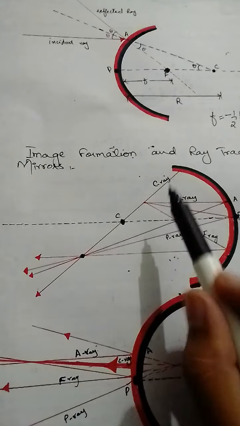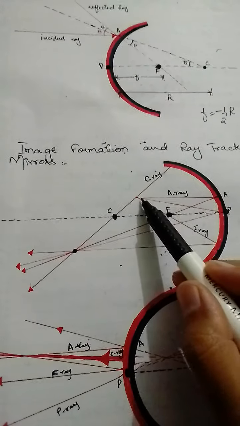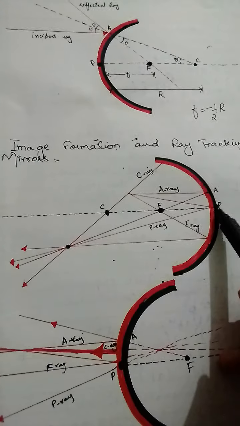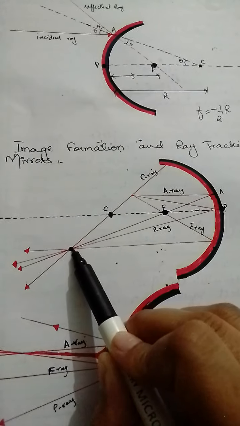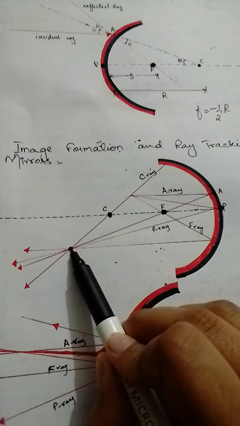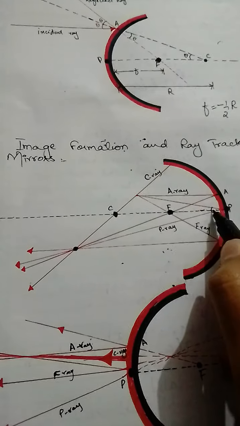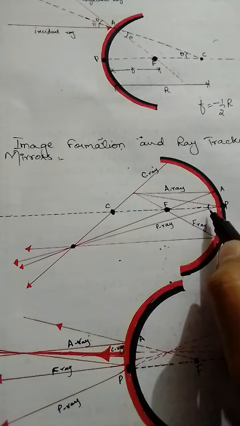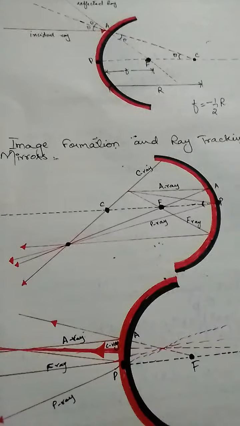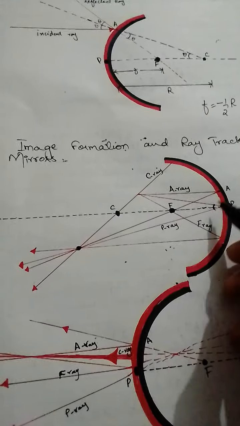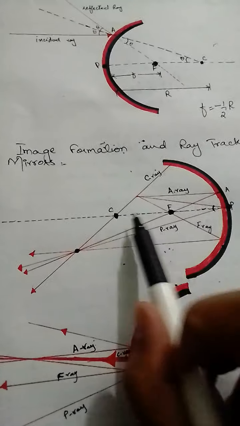What is the P ray? The P ray is the one which strikes the pole and gets reflected back to the point where the object actually is, making an angle in which the incident angle would be equal to the reflected angle.